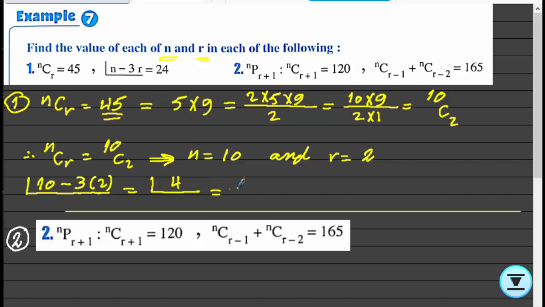Factorial 4 equals 4 multiplied by 3 multiplied by 2 multiplied by 1, which equals 24. So n equals 10 and r equals 2 is a solution. Okay, now we will try something else here.